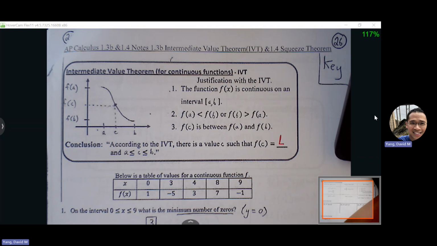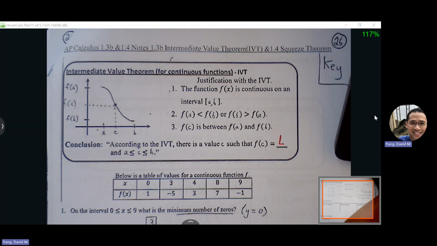So here's an example. Let's say I wanted to find a y value of 4. Okay, and I know that one endpoint has a y value of 10, and the other endpoint has a y value of 1. So can I guarantee that as long as the graph is continuous, my graph is going to hit a y value of 4 somewhere between a and b?